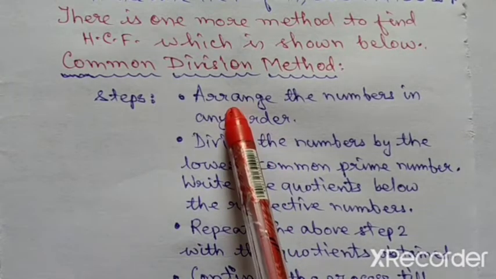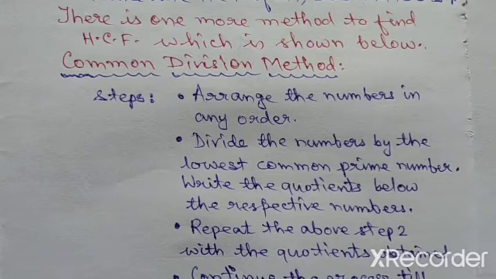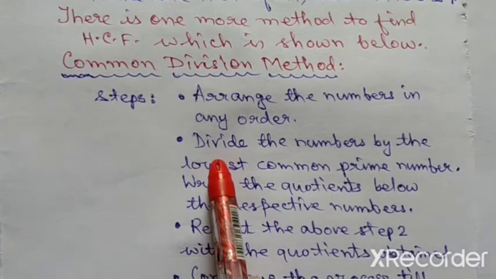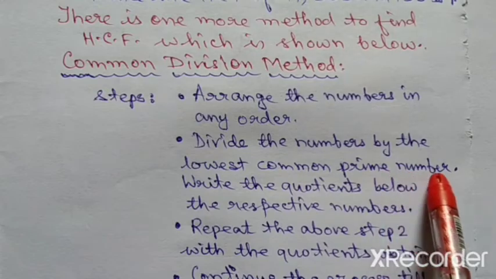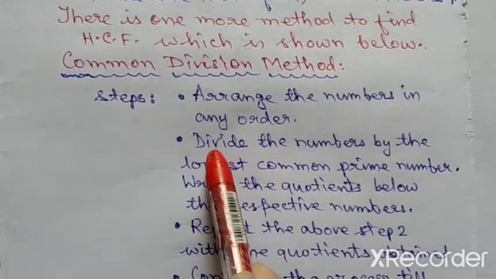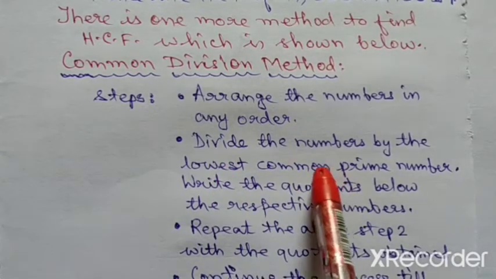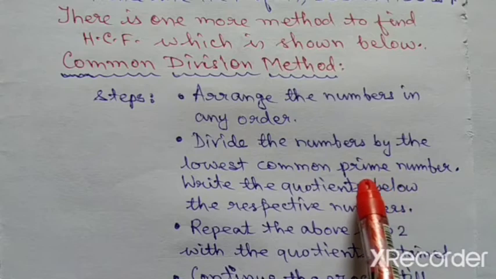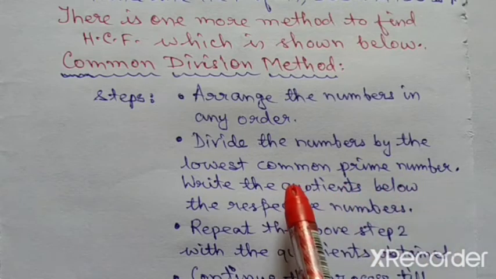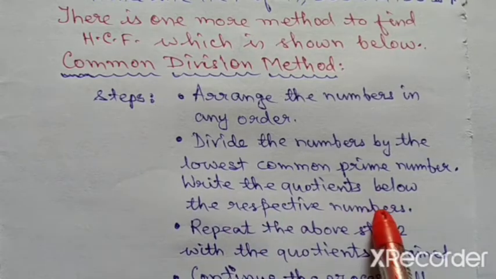Second step, divide the numbers by the lowest common prime number. It means you have to check that all the given numbers can be divided by that prime number. Write the quotients below the respective numbers, children.